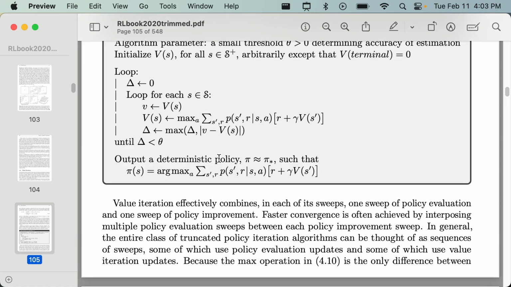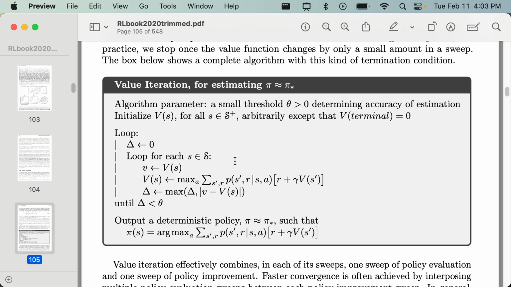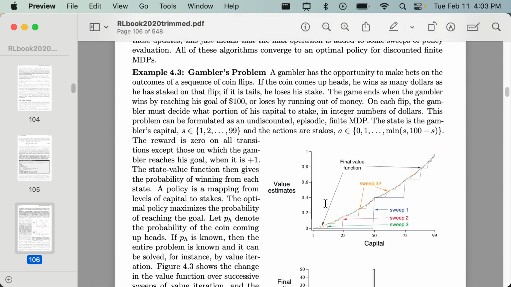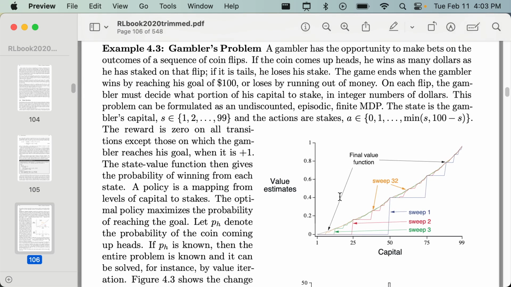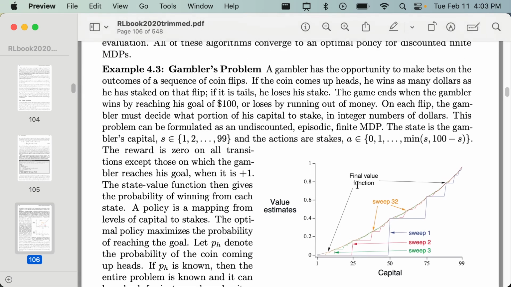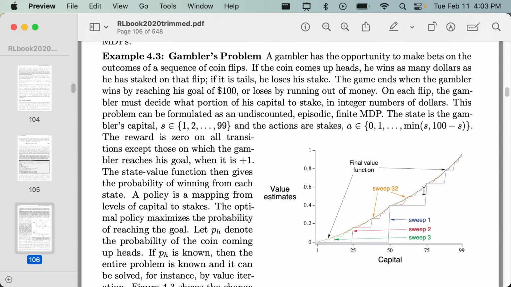Here's another way to write it as an algorithm. And we got to this problem, which was the gambler's problem. So the gambler's problem is a generalization of the drunkard's walk. You start at some amount of money, and the game ends when you get to the maximum amount of money or to 0, just like in the drunkard's walk.